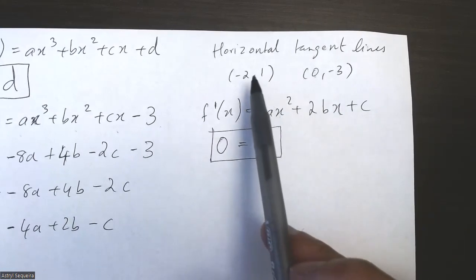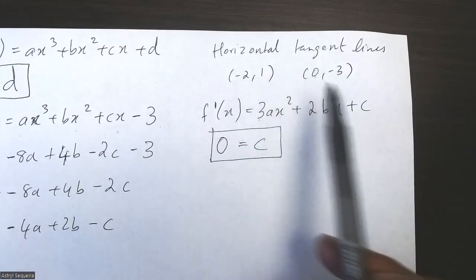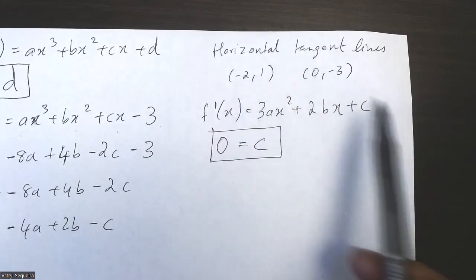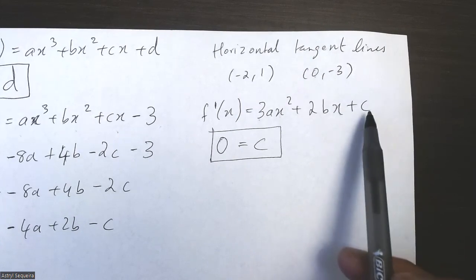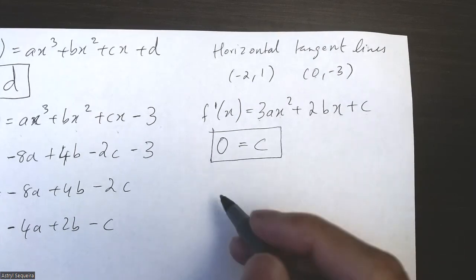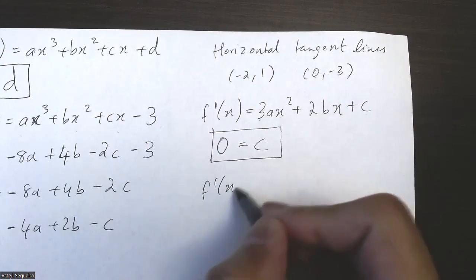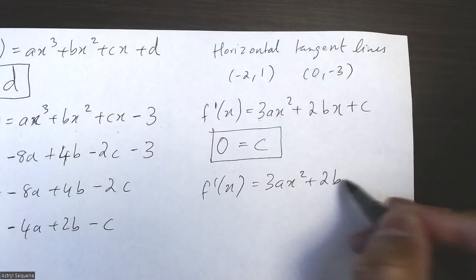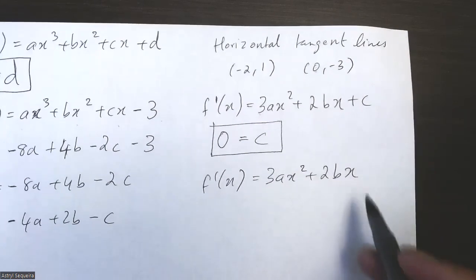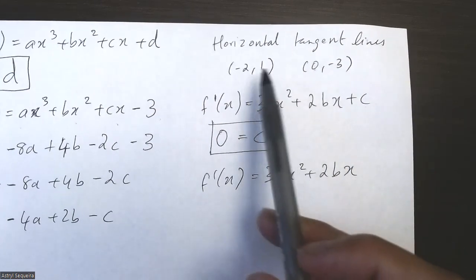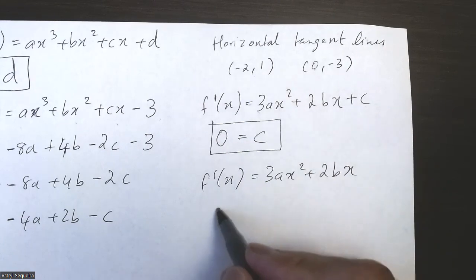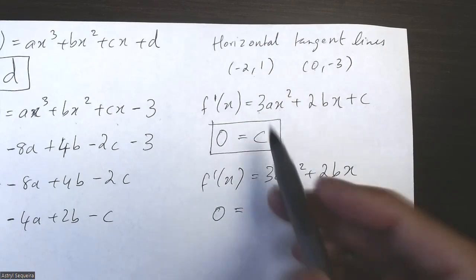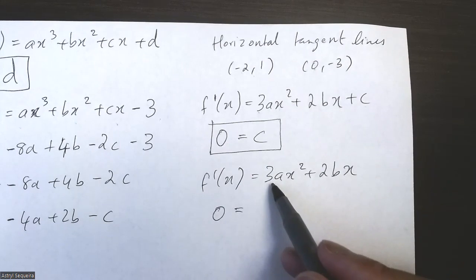I'll sub in my other point into this equation over here. But first I'll replace c with 0 because I know that c is 0. F prime x is just 3ax squared plus 2bx. And now I'll sub in the second point. So I know that my slope is 0 at this point, and the x value is -2.